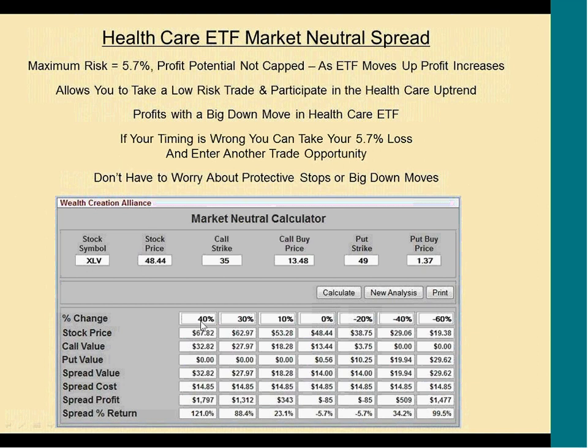And again, we don't have to worry about placing a protective stop or big moves in the ETF because we have the put option protection in place, and that protects us. And also, if there's a big down move in the ETF, that would all profit.